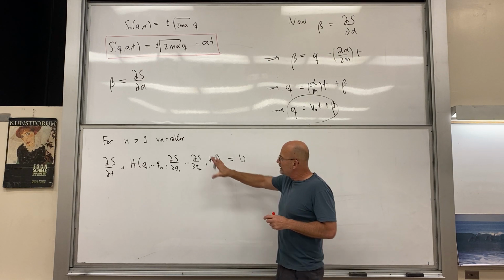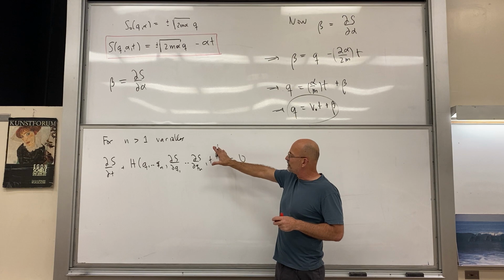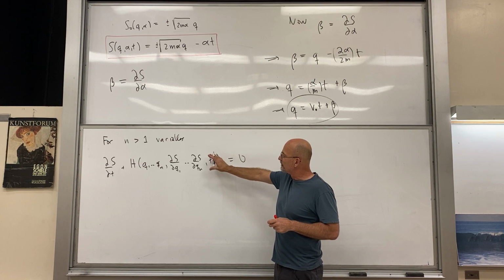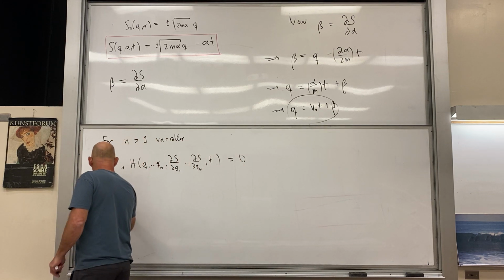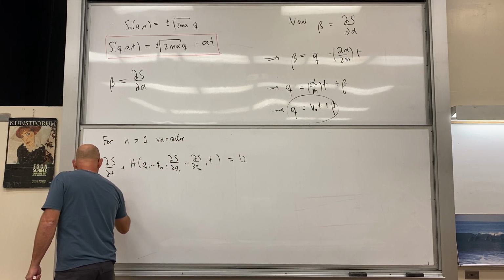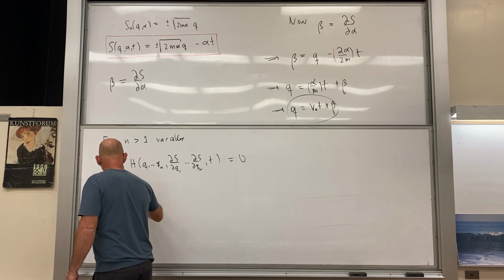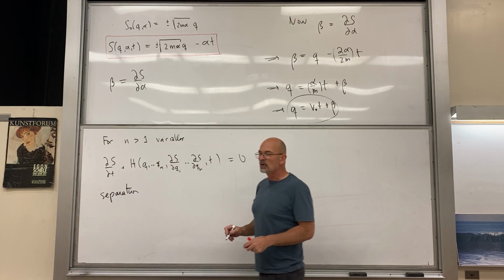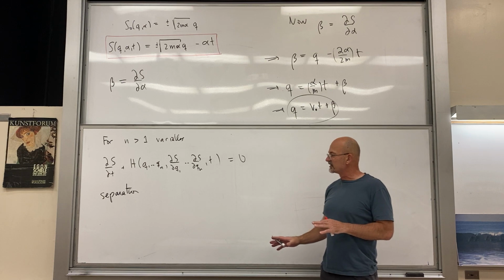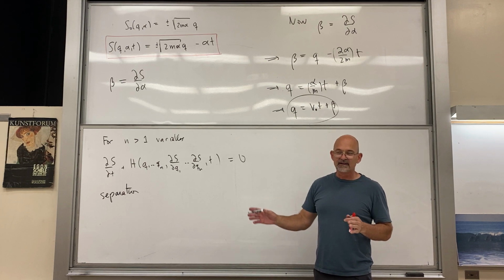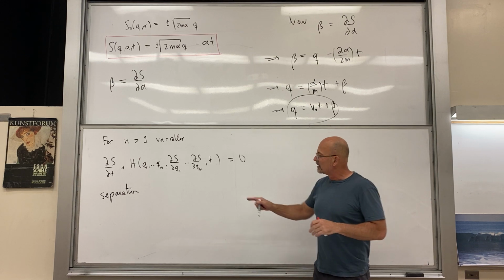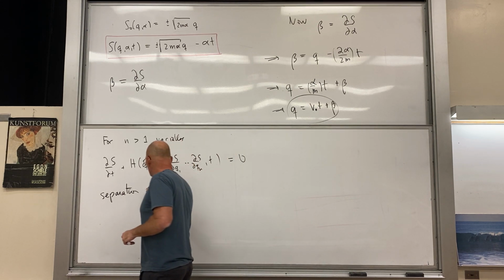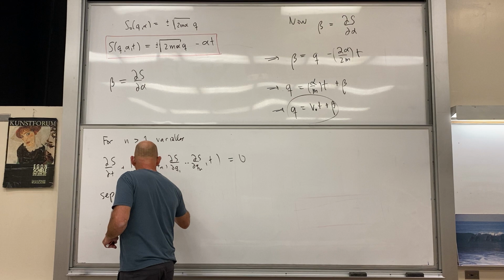The question is, how do you solve a partial differential equation of this form? And the answer is separation of variables. The separation of variables takes on, for us, an unusual form, because you've been doing a lot of separation of variables in electromagnetism and quantum mechanics, and there it's always a product. But separation of variables for this equation is a sum.